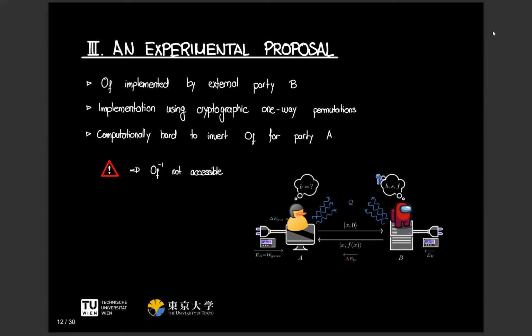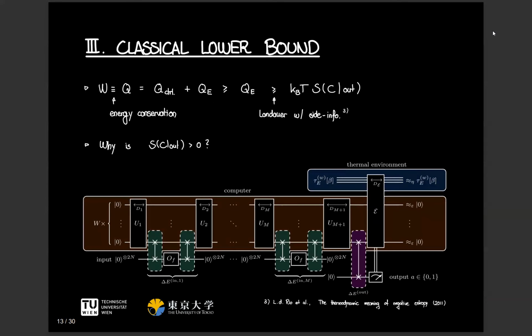So with polynomial computational resources, you won't be able to invert this function and distinguish the pseudo-random function implemented from a truly random one. And under this assumption, you can't do uncomputation, which leaves the only way out: you have to erase whichever information you have gained from querying the oracle.